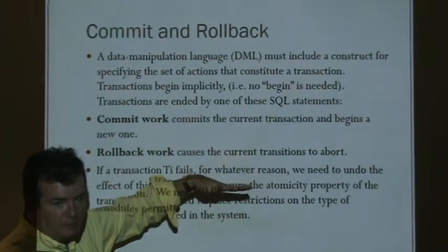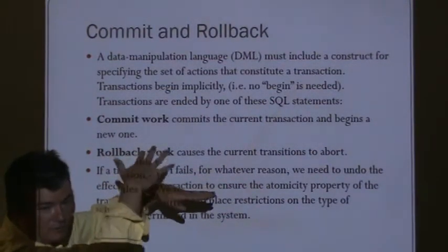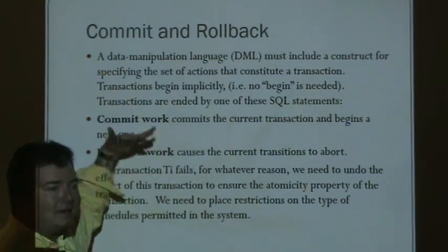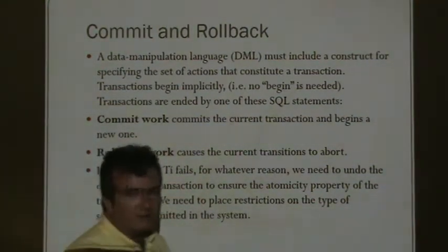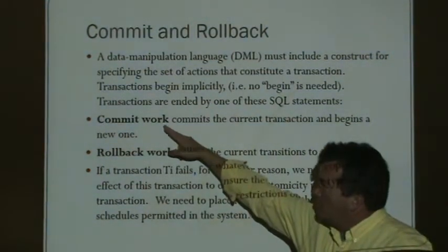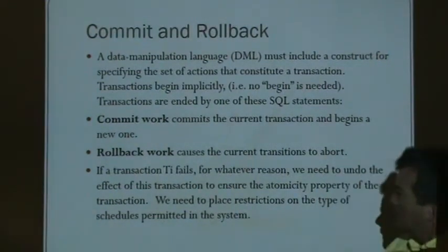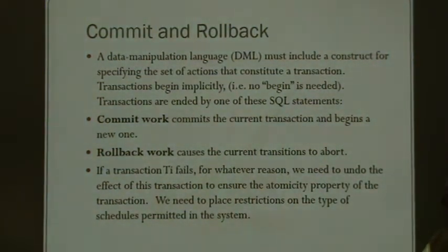The database management system will say, are all the transactions before us that we require to commit successfully before we can declare ourselves successful, have they finished? And once they finish, then our commit will be processed. The rollback, putting that in our transaction, will cause our transaction to abort.